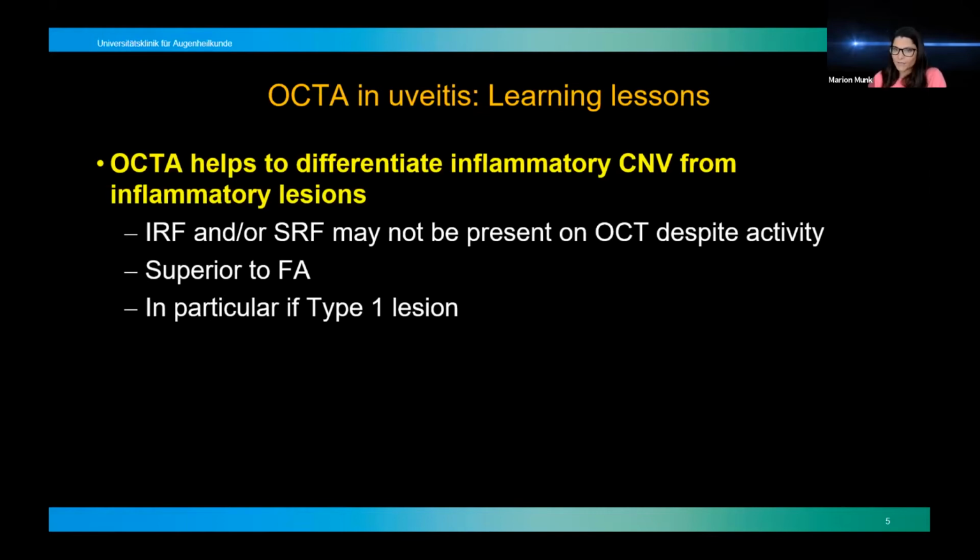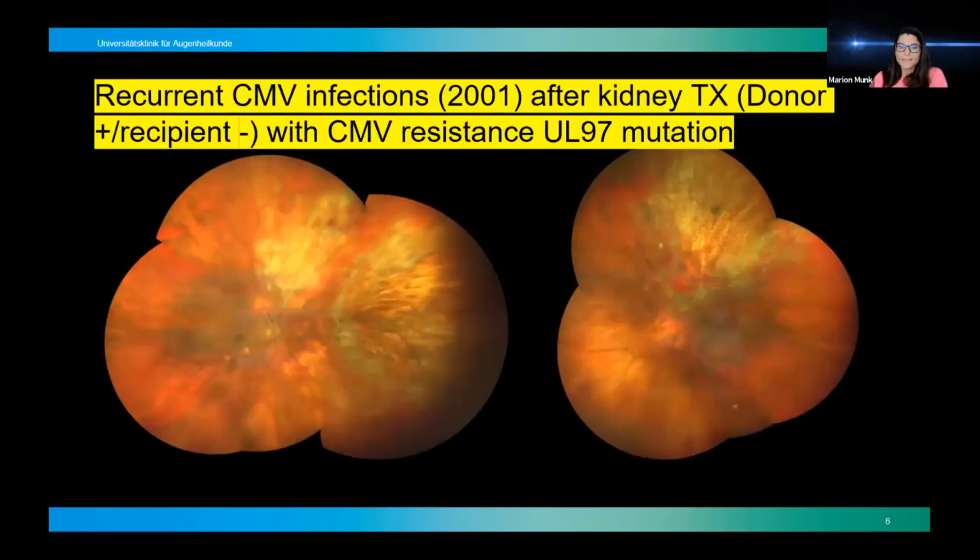In particular, if you have a type 1 lesion due to inflammatory CNV, it is easier to be caught and identified as a lesion in OCTA than on fluorescein angiography. This is just an example from my clinic I would like to share with you.